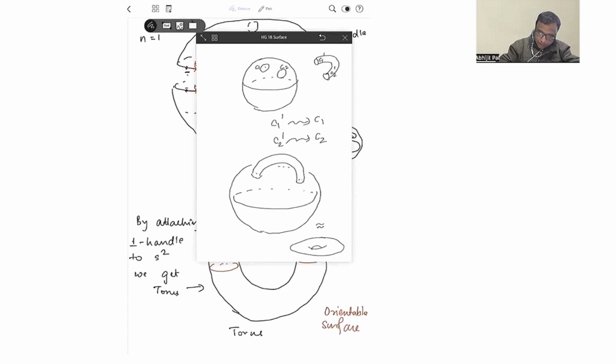So topologically, it is again a cylinder.